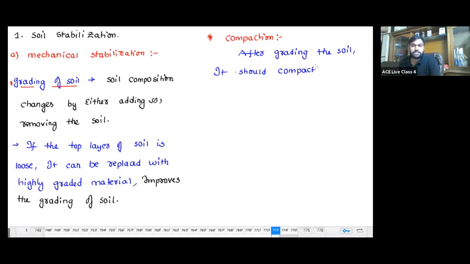Yes or no? To increase strength and reduce permeability, or in other words, to reduce compressibility.